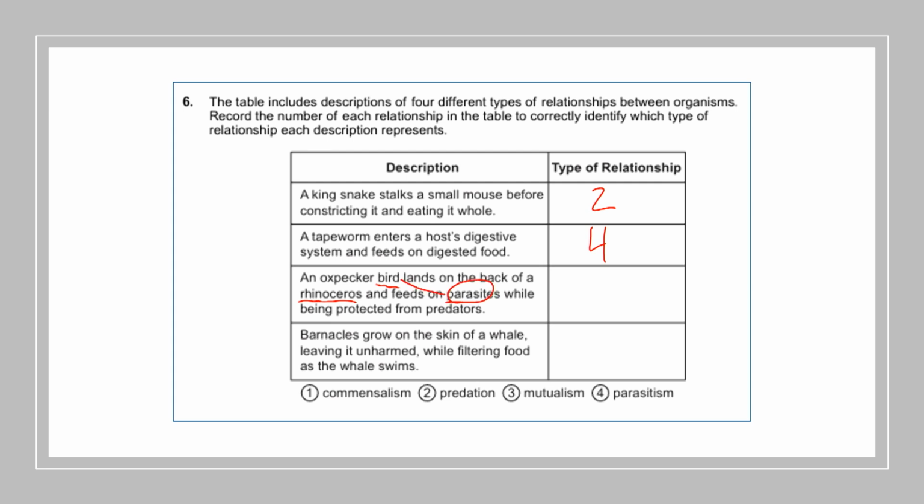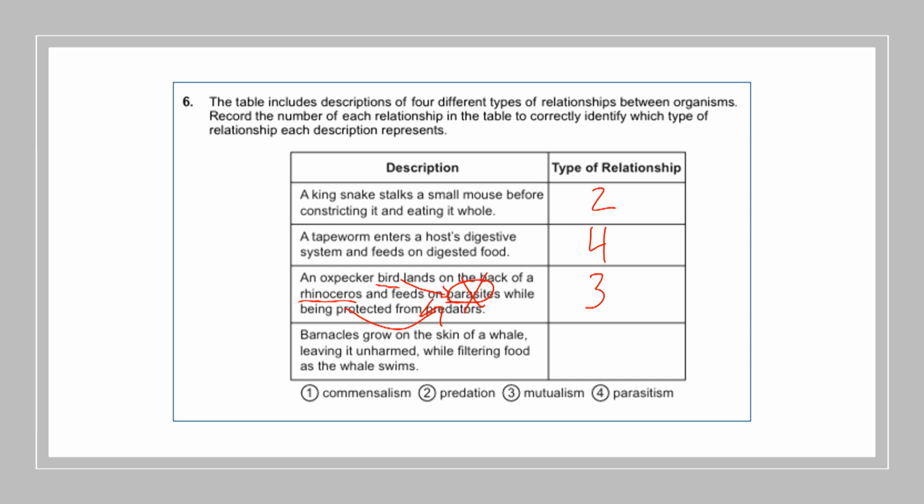So to me, it really seems like this could be a win-win because the bird is getting food, right? The bird is eating those parasites, and the rhino doesn't have to worry about those parasites, right? Getting rid of parasites is a good thing. So this is a win-win situation. The bird is getting food, and the rhino is getting its parasites taken care of. So that's mutualism, which again is a win-win situation.